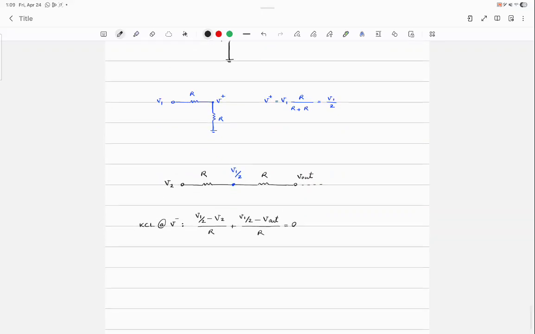Just a KCL. Get rid of R, multiply both sides by R, and it will give you V1/2 - V2 + V1/2 = V out. I took V out to the other side. And V out is equal to... surprise, huh? What is it doing? Subtract or differencing amplifier.